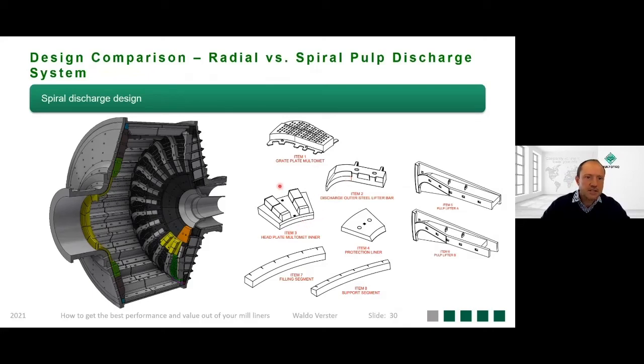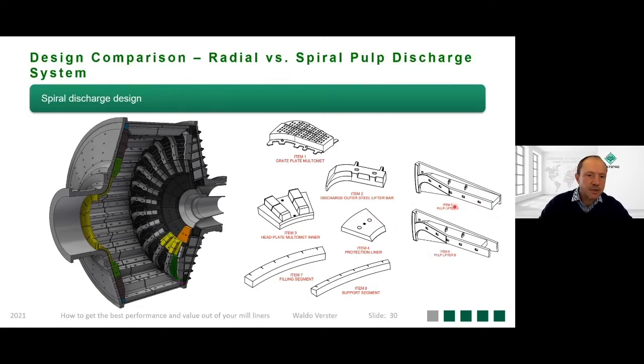Then also, as discussed in the radial design, this is the head plate design. It is aimed for larger SAG mills. It's a heavy-duty Multomed design with chrome moly castings, and it combines two lifter bars into an integrated head plate. Protection liner, and then I would like to focus on the pulp lifters.